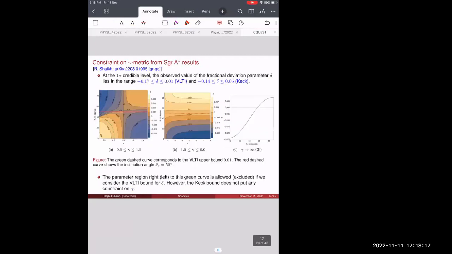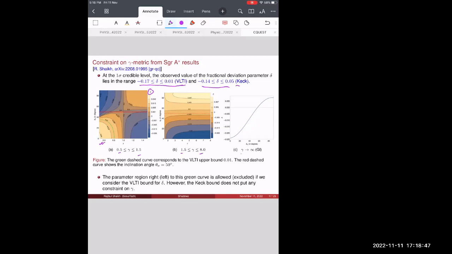Now coming to the Sagittarius A star results, we will be using the fractional deviation parameter delta from the Schwarzschild shadow for VLTI and Keck. I have shown delta for different inclination angles and gamma from 0.5 to 1.5 in this plot, and gamma from 1.5 to 8 in this plot.